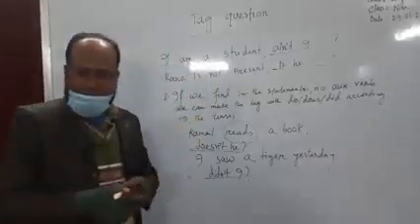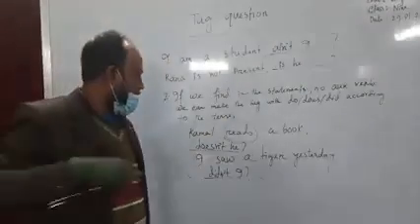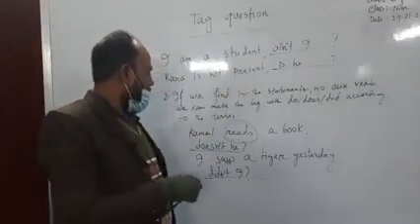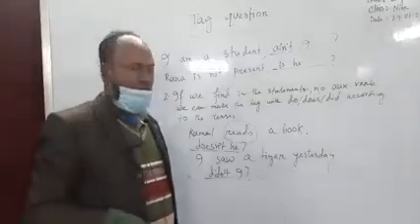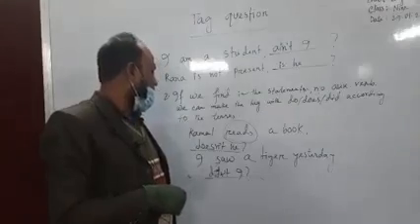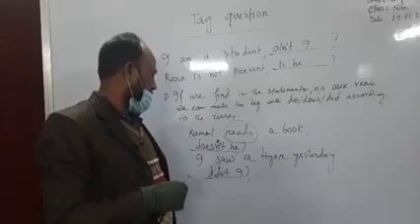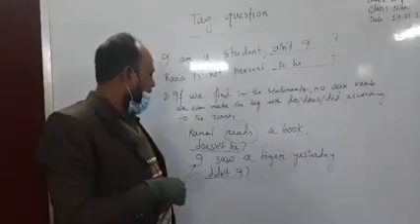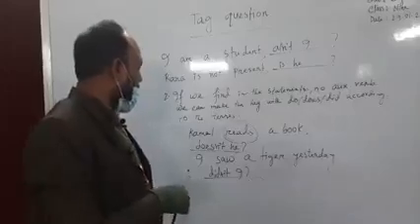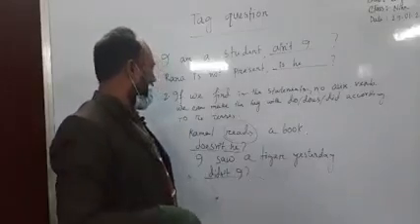Why have we used didn't here? Because it expresses the past indefinite tense. When it expresses the past indefinite, we must use didn't. And I is also a pronoun form. For this reason, it will not be changed.